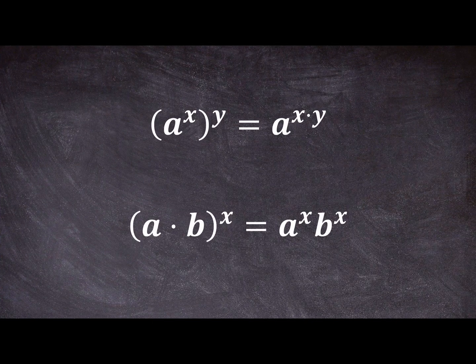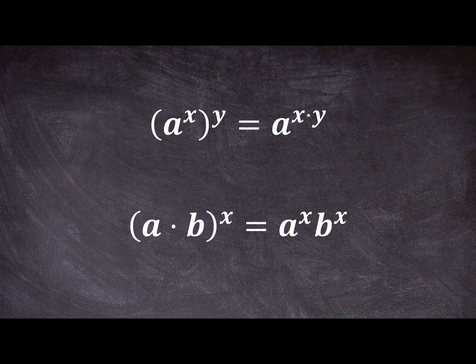Now, these are the rules for powers of a power. This is a little cheat sheet that I have come up with. A to the power of x, and take the entire thing to the power of y. Then the answer should be a to the power of x times y.